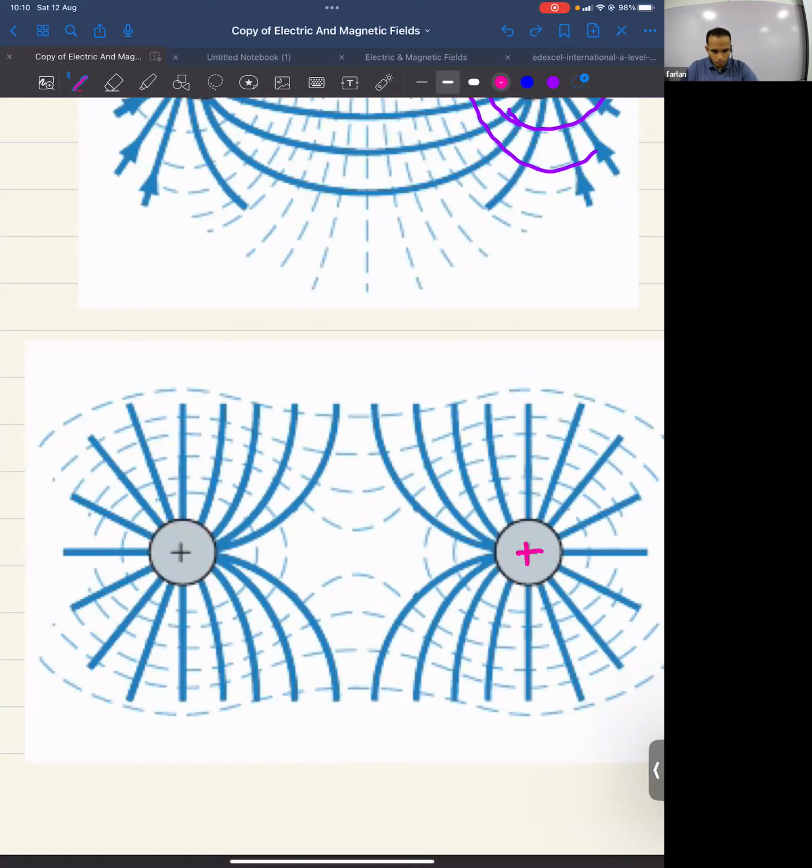And I hope you remember I told you, in this region the electric field strength is 0. So the electric potential will be 0 and there will be no equipotential line there.